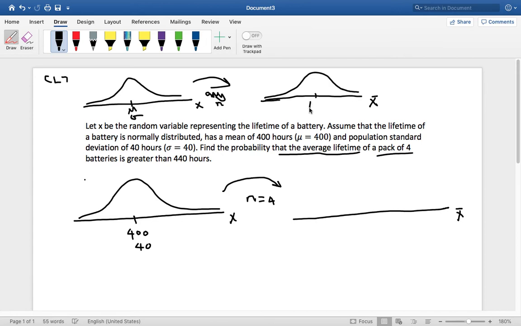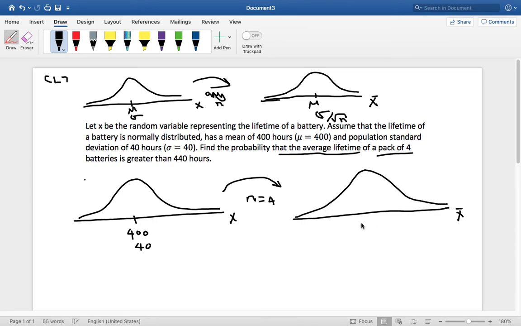And this distribution, we're told, will be normally distributed. It will have mean mu, and its standard deviation is given a special name, the standard error. It's going to be sigma divided by the square root of n. This applies to us here because the distribution we're given is normal. So it doesn't matter what the sample size is, whether it's 2 or 100 or whatever it is, we know that will lead to a normal distribution.